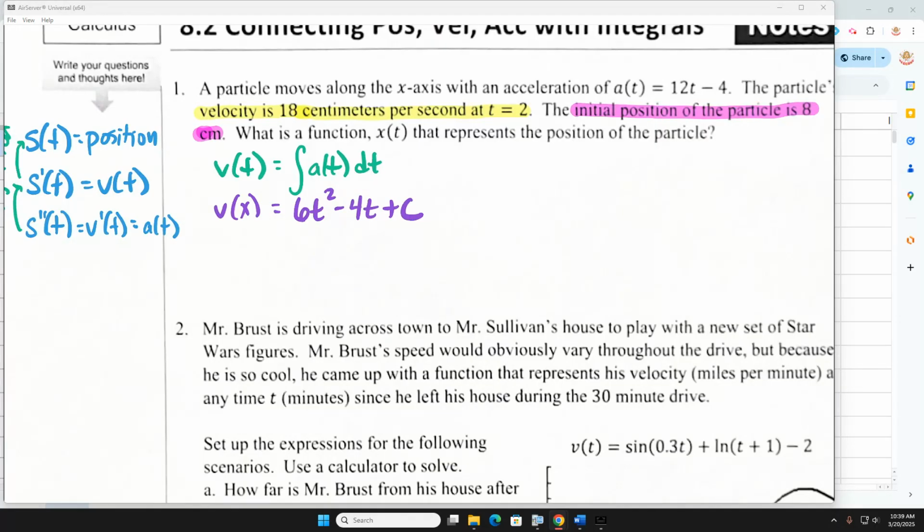Now I'm going to go back up and use what I highlighted in yellow to figure out what C is. I know that at time t equals 2, the velocity is 18 centimeters per second. So I'm going to put 18 in for the velocity and 2 in for t.